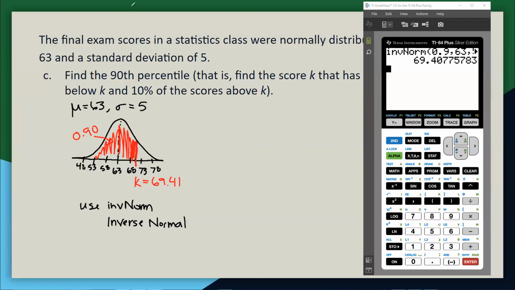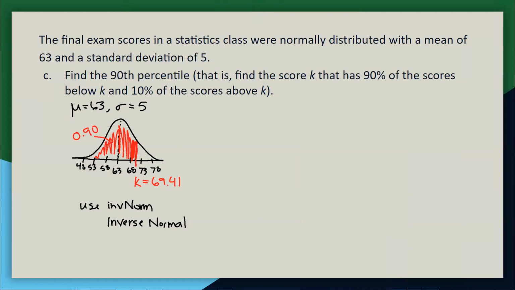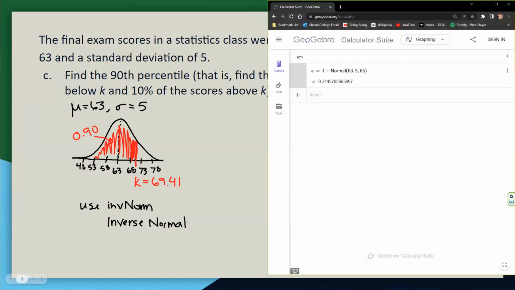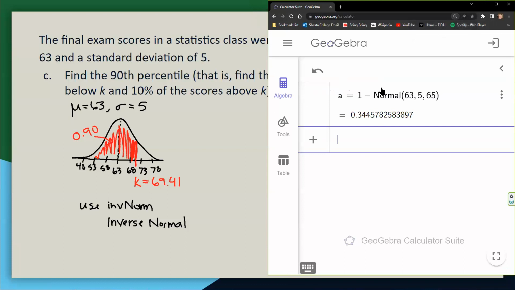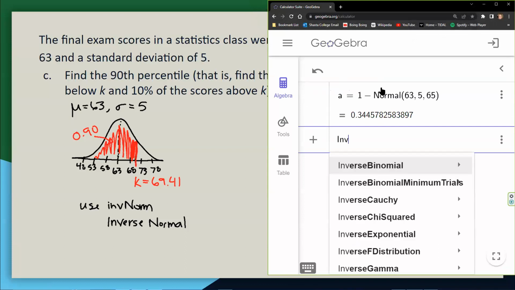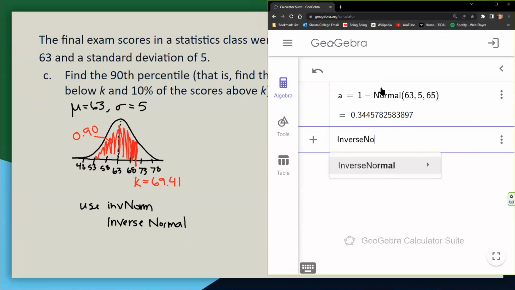Let's try it on GeoGebra so you can see what that looks like in the other calculator. And actually, let me make this a little bit bigger if I can, maybe. There we go, so we can read it. So I'm going to start typing inverse normal, and you'll notice it pops up.